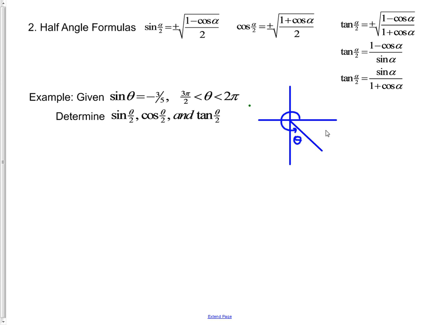For this particular angle theta, if we were to draw our right reference triangle, we would have a triangle where the opposite side would be negative 3, the hypotenuse would be 5, and so the adjacent side would be 4 by our Pythagorean identity.